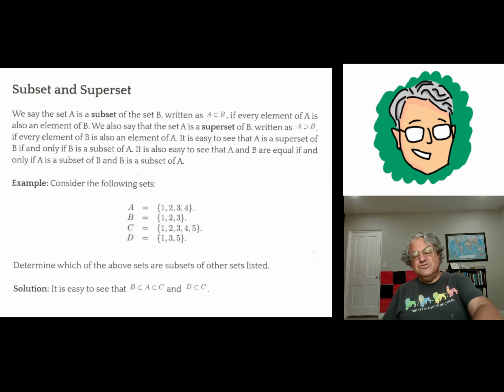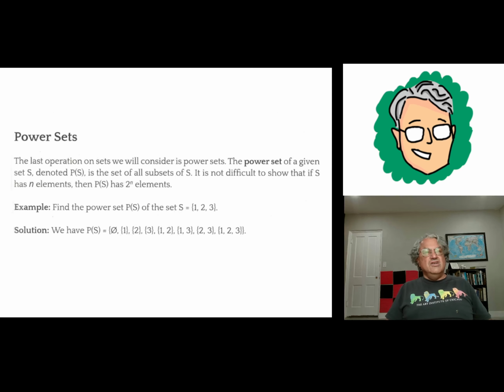A lot of mathematicians, if it doesn't necessarily have to be a proper subset, write a horseshoe with a little line below it. You can think of that sort of like less than or equal to. But I don't really like that notation. I think it's kind of unnecessary. Anyway, the power set in this case, you can see it has 8 elements. There's the set of all subsets of S.